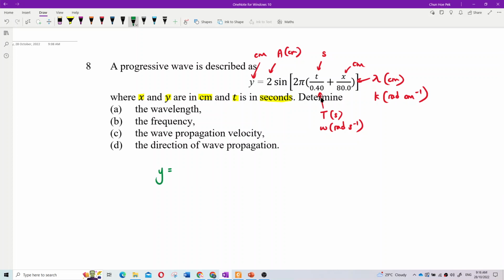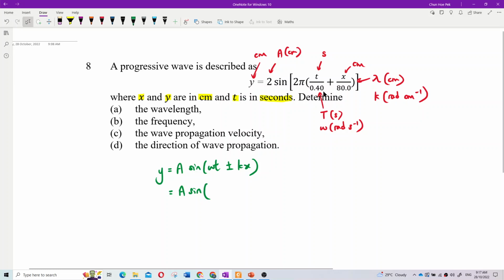So y equals A sine omega t plus or minus kx is the general formula. It's hard to compare with the given equation because it is not in the same form, but we can change it. Learn to derive. Omega is 2 pi over period, and wave number is 2 pi over wavelength.